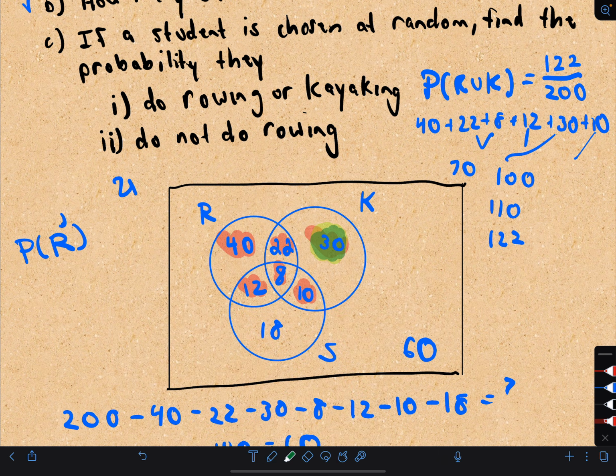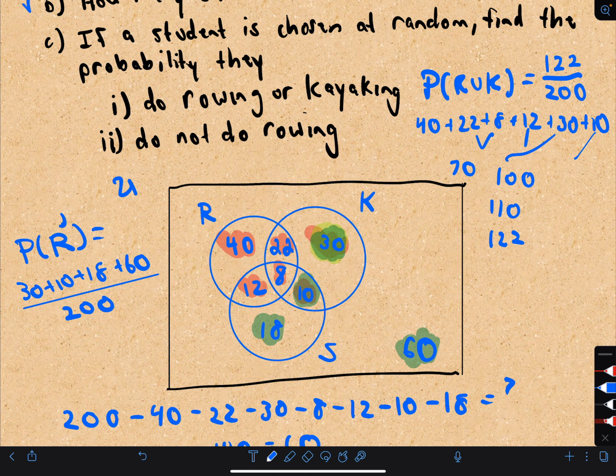The 30 would be outside of the rowing circle. The 10 would be outside of the rowing circle. The 18 would be outside of the rowing circle. And our 60 would also be outside of the rowing circle. So we can add all of those together: 30 plus 10 plus 18 plus 60. And we would, again, divide that by the total number of people, which is 200.